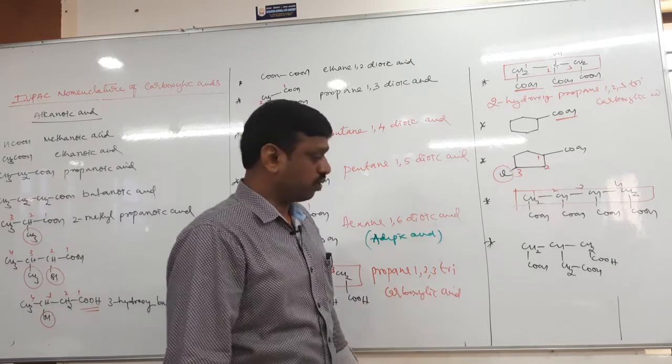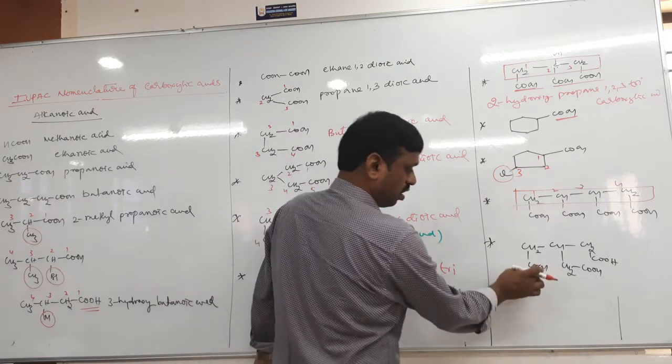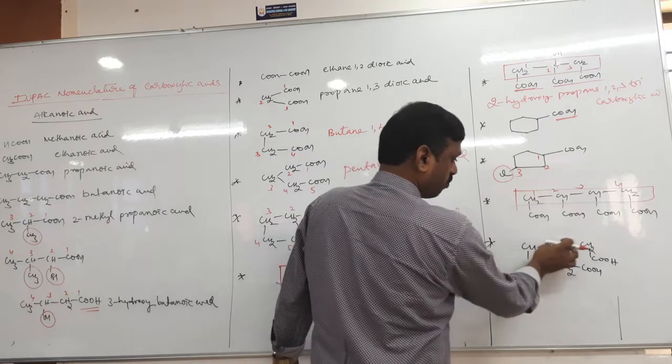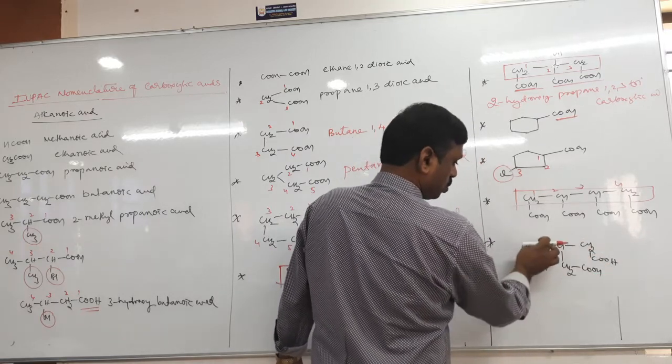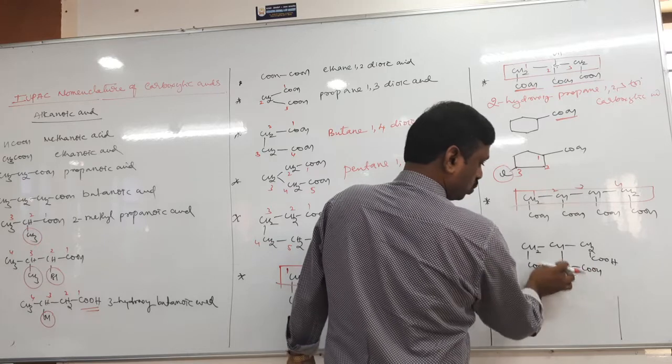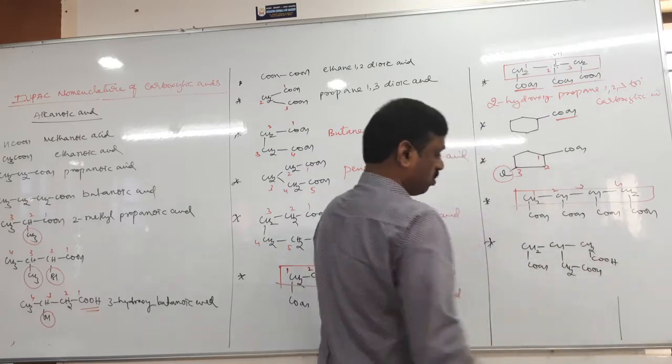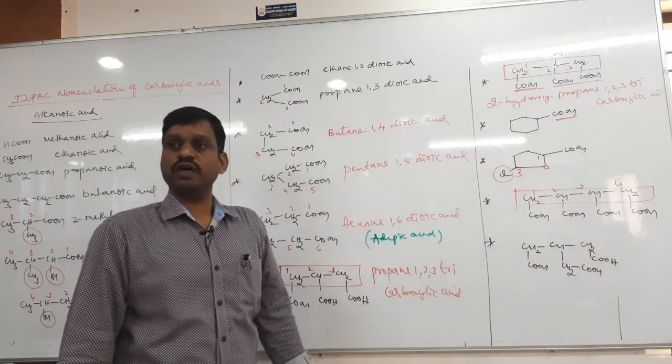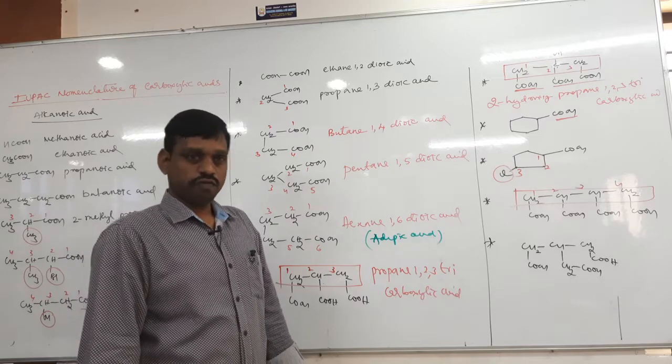Select the parent chain now. 1, 2, 3, 4, 5. 1, 2, 3, 4, 5. 1, 2, 3, 4, 5. So the parent chain has a maximum number of carbon atoms, 5.